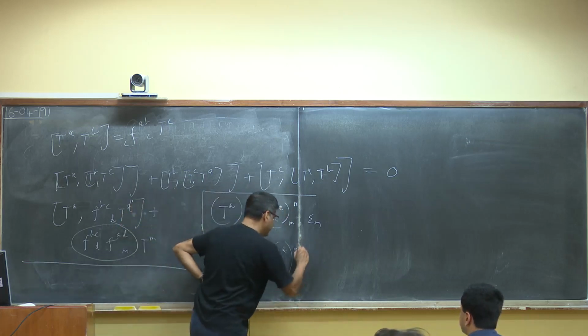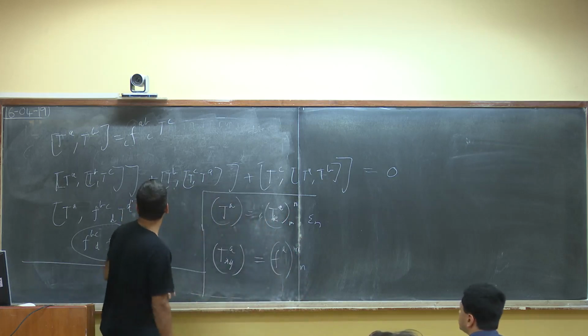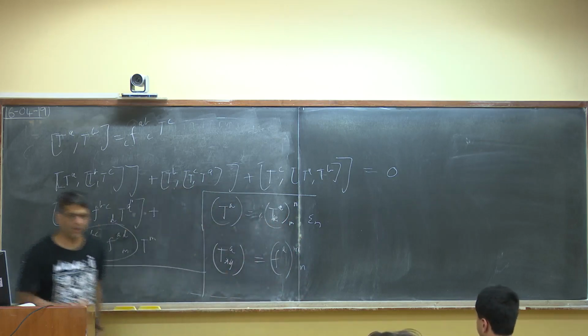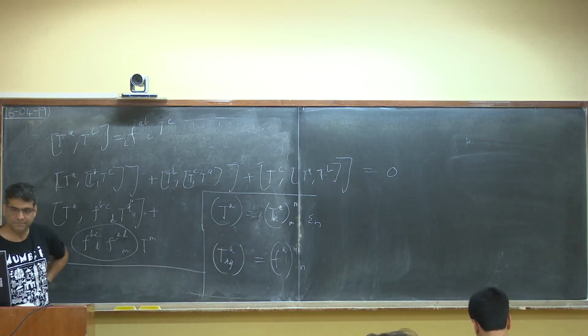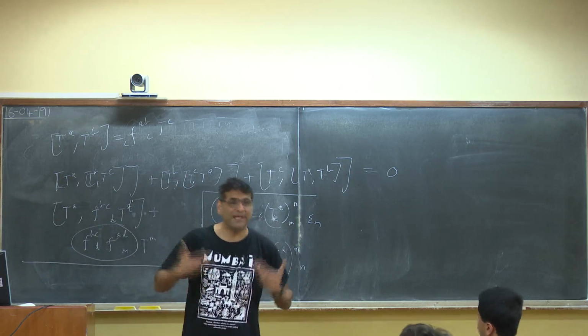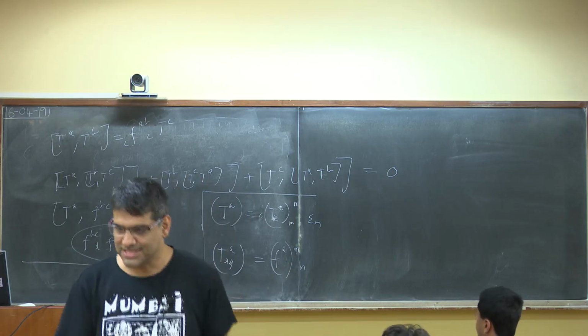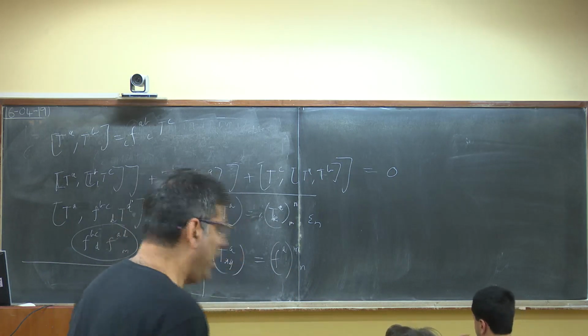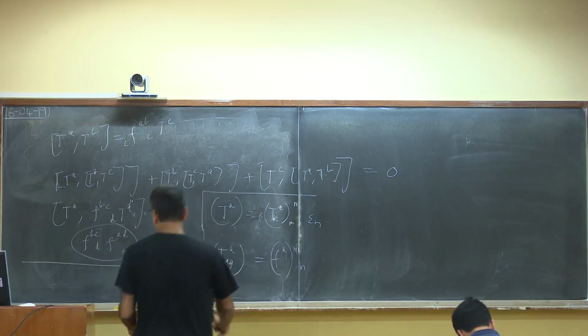And I might be messing up people's standard conventions of having an i or not. At least with my definition, I have no i. So this is one particular representation. Every group has the adjoint representation. The matrices are represented by these f's.